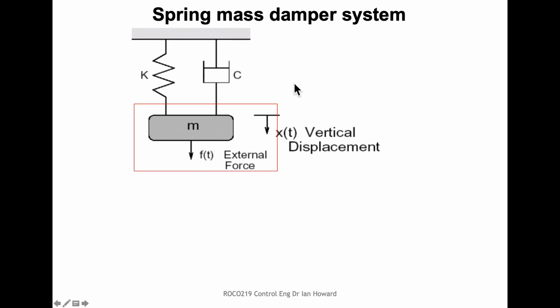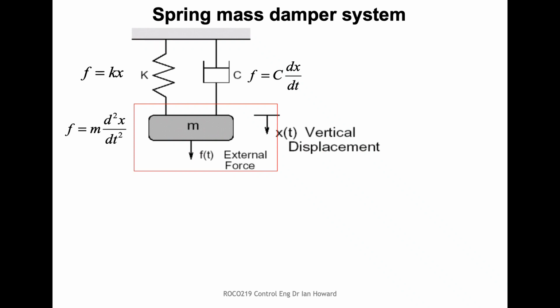So let's write down the equations. The force to resist from the spring is force equals kx, where k is the spring constant and x is its displacement. The force from the damper is its viscosity c multiplied by dx dt, so it cares about velocity.